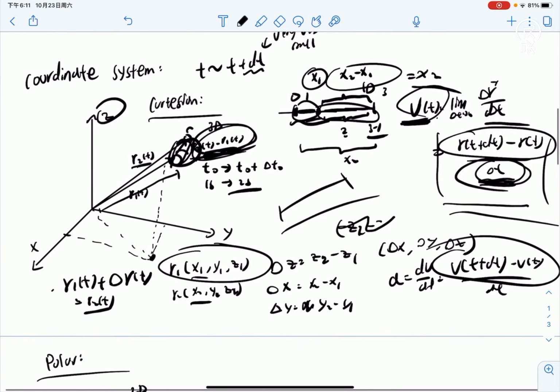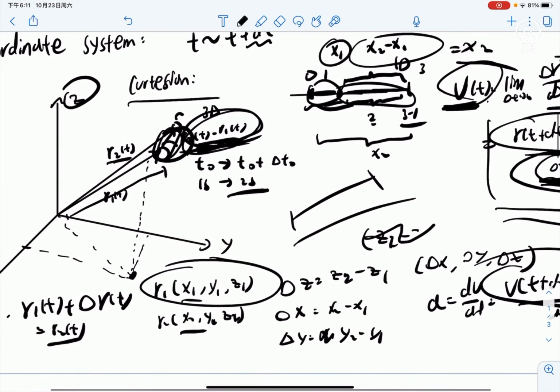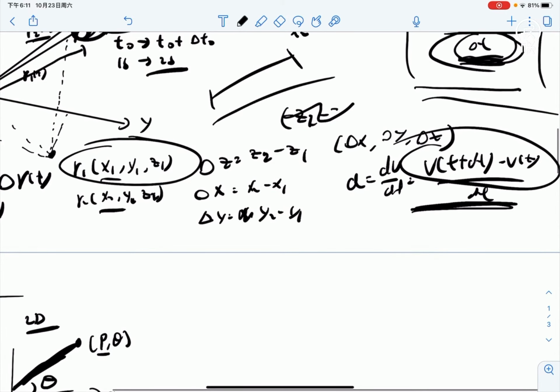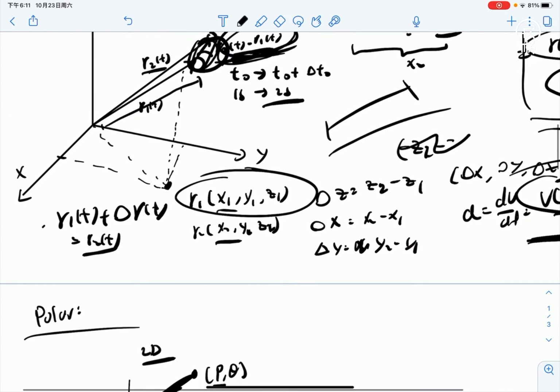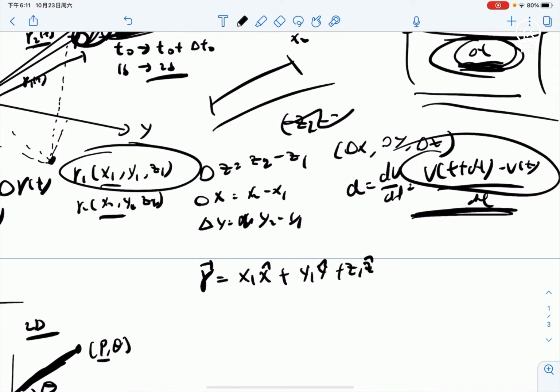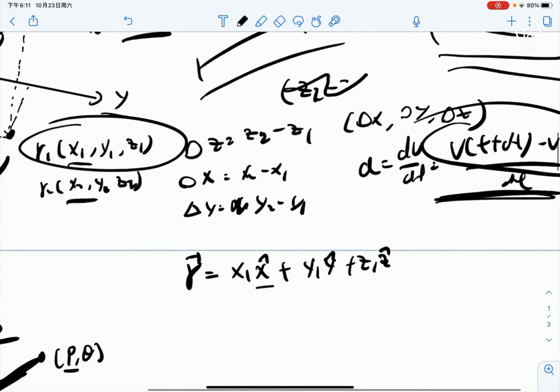And I need to add something. I'm missing something over here. For the case of r, we can write it out as x, y, and z components. So basically, it is the direction of x, direction of y, and direction of z. This basically has magnitude of 1. It's just a unit vector.